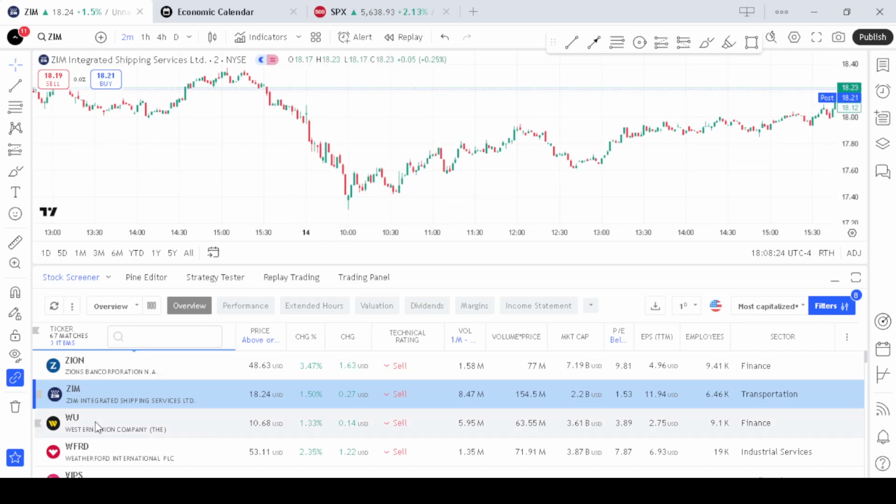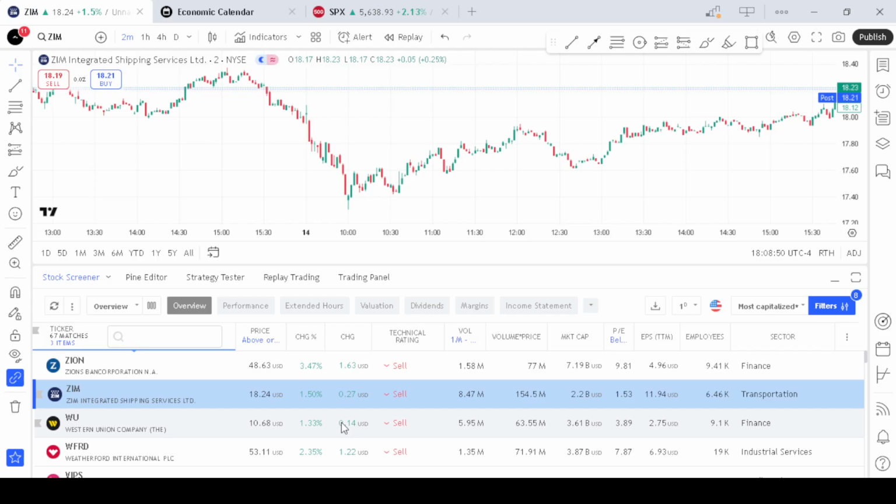We can apply your specific entry and exit strategies based on the pattern and indicators you see. By following these steps and customizing the TradingView Stock Screener to your specific trading style, you will be able to effectively identify potential trading opportunities in both day trading and swing trading scenarios.